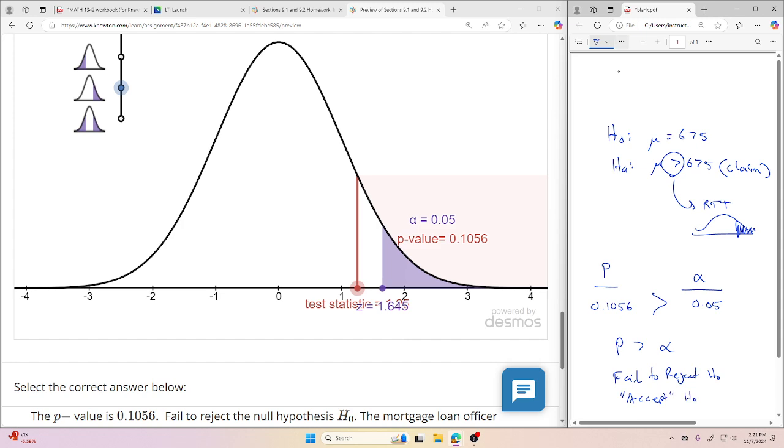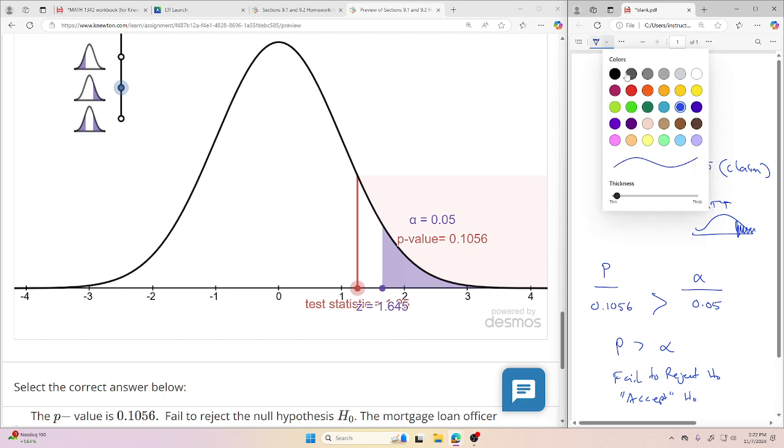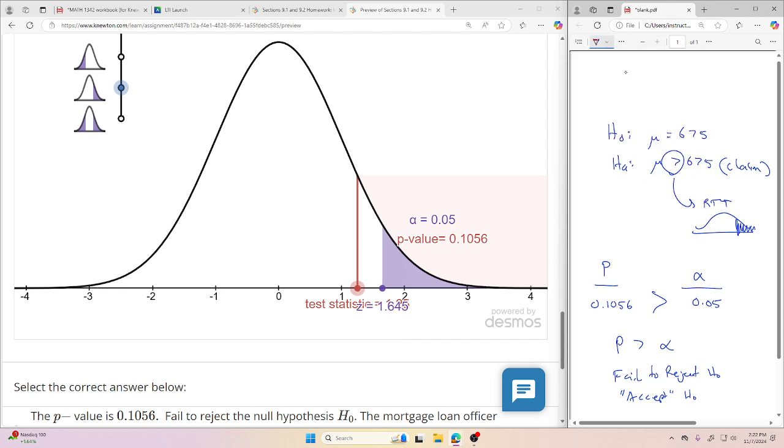And using a different color. Okay, like seriously. Oh, there we go. Color. Yes. Okay, so I'm going to accept H naught. I like H naught. Bad claim.